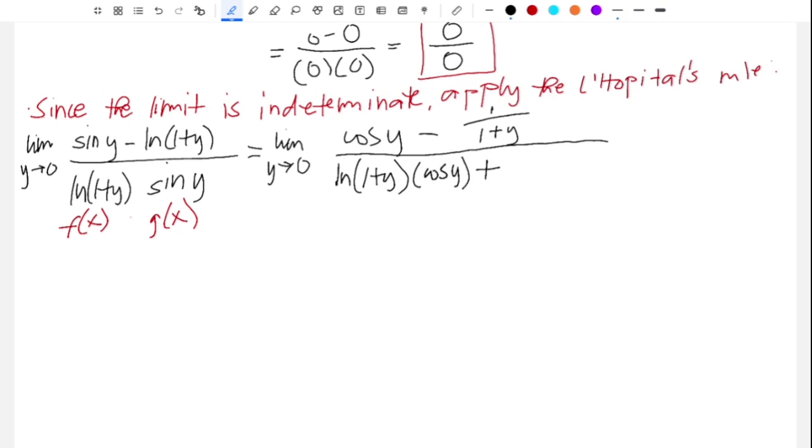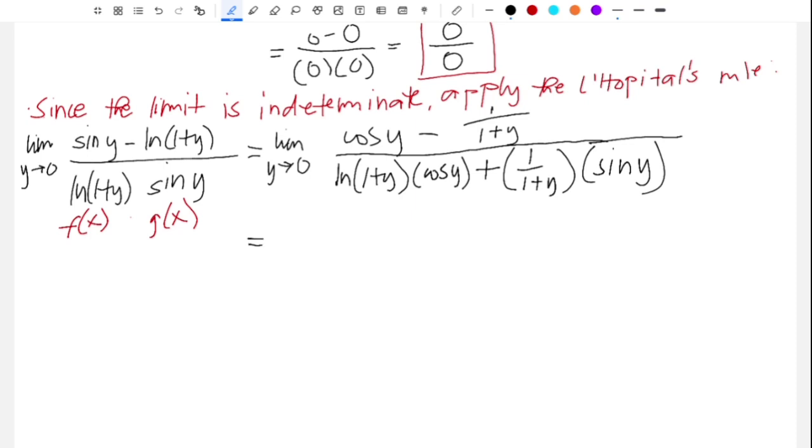Plus the derivative of our f of x, which is 1 over 1 plus y, then copy our g of x, which is sine y. Let's not forget the thorough analysis of our problem to avoid mistakes.